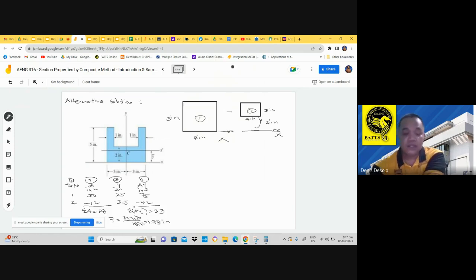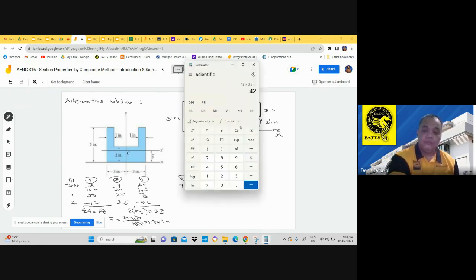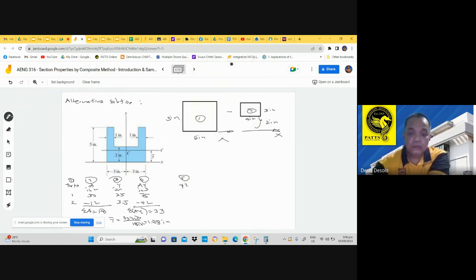Okay, same centroid. Fifth column is the square of the y, so that's 2.5 squared, 6.25.